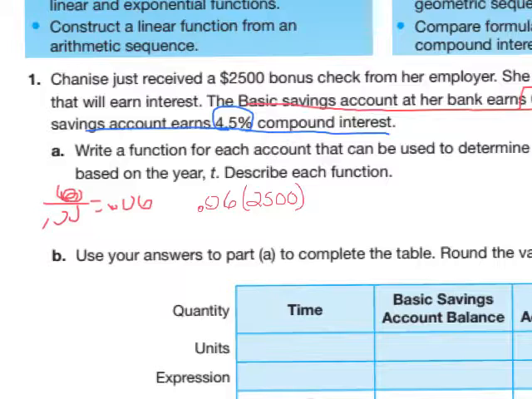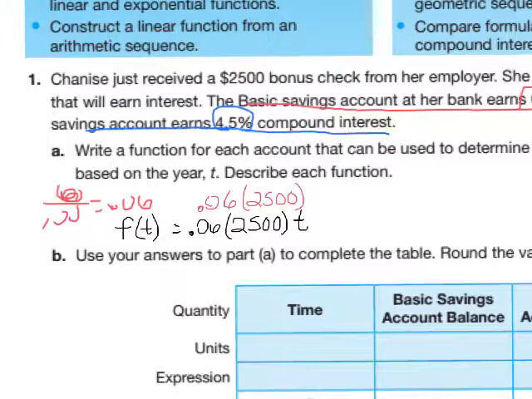But it wants you to write a function. Let me erase some of this. Your function would be f of time. You can call it b of time for basic or whatever. And you would say, well, that's just the percentage in decimal times her amount, and then times time.